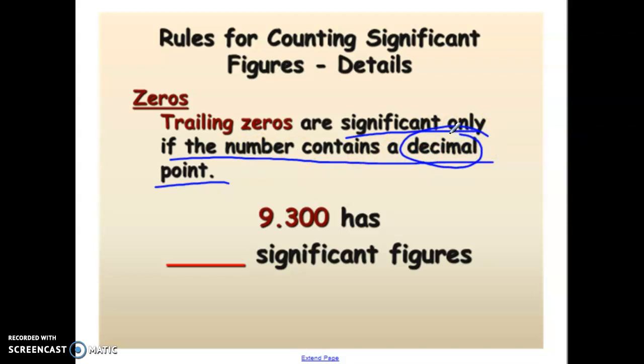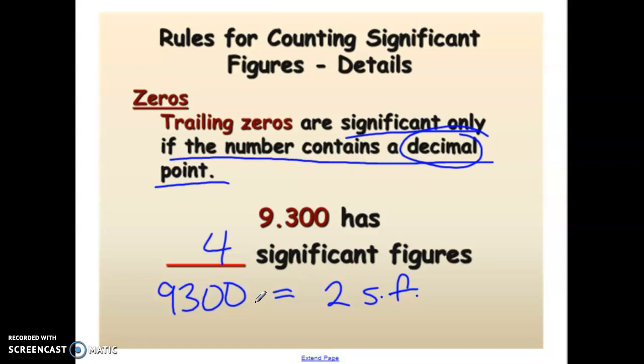For example, 9.300 has a total of 4 significant figures because this decimal point makes these 2 zeros significant. Now, if this was 9,300 with no decimal point, this would actually only be 2 significant figures, because there's no decimal point, so these 2 zeros would not be counted towards our number.